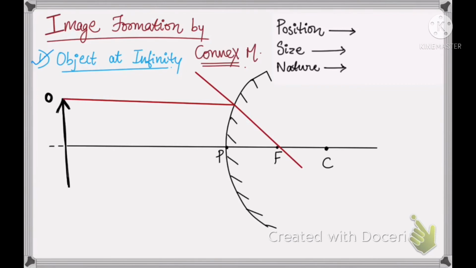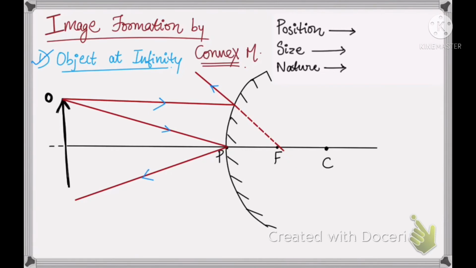Yes. And now we'll consider another ray. How will we consider it? Obliquely passing through the pole. So now let's draw the arrows. This is the incident ray, this is the reflected ray.